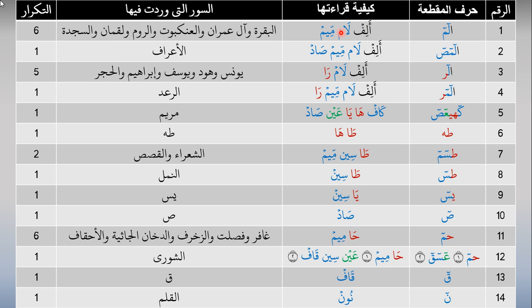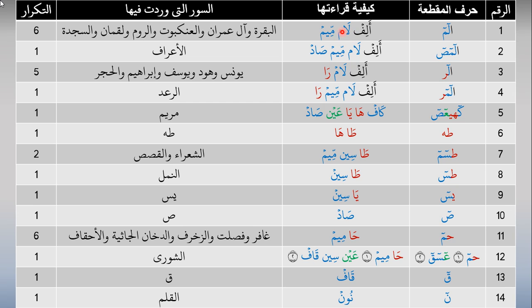So mim sakina followed by a mim. Which rule is that? That's under the rules of the mim sakina, and that is called an idgham shafawi, meaning it's a merge. So that's why we hold it.